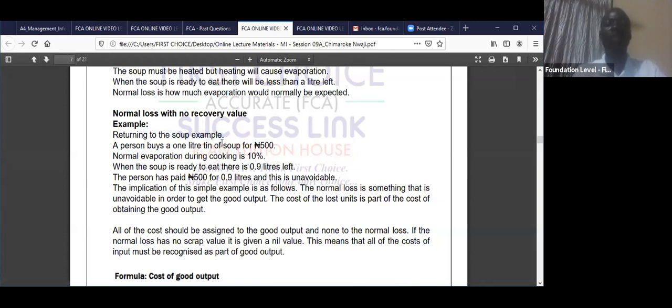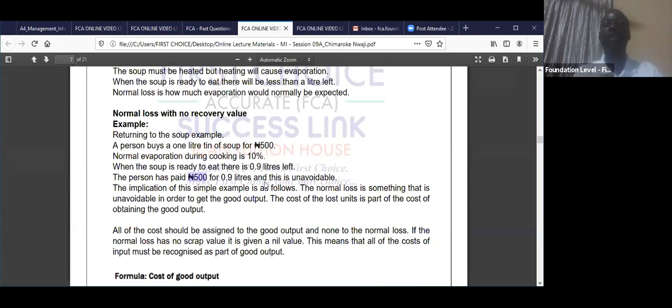Assuming you buy 1 liter of soup for 500 naira, fine. And you went to heat it, and during the heating, 10% evaporated. Now, when the soup is ready, only 90% will be left, which is 0.9 liters of the soup, not 1 liter anymore. Since you have paid 500 naira for 1 liter, it means that the 0.9 liters is carrying the whole cost of 500.